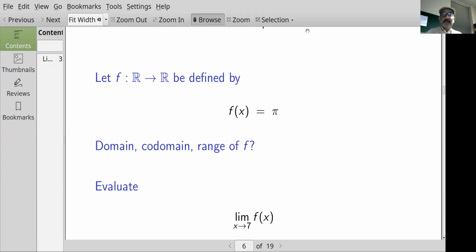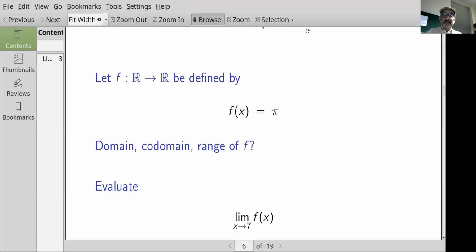Now I want you to evaluate the limit as x goes to 7 of f of x. Well, okay. As x gets really, really close to 7, so let's imagine that we're taking values like, I don't know, 6.9. f of 6.9 is pi. f of 6.99 is pi. f of 6.999 is pi, and so on and so forth. As you get really, really close to 7, without ever touching 7, so f of 7.1 is pi, f of 7.01 is pi, f of 7.001 is pi, and so on.